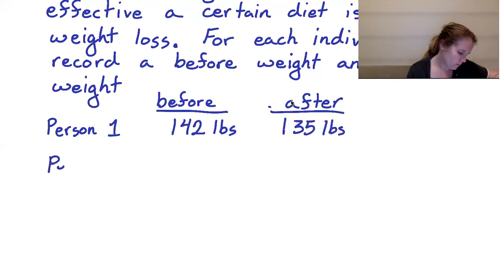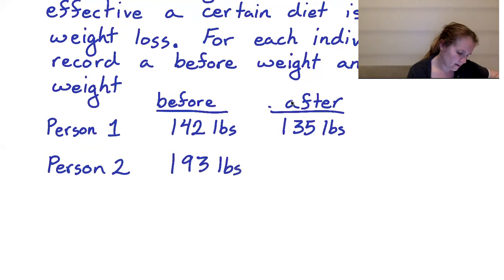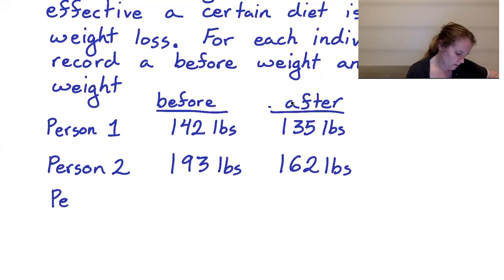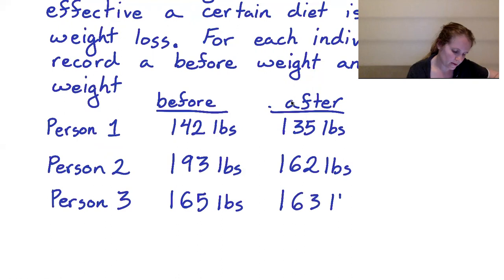And then we might have person two who weighed 193 pounds, and after weighed 162 pounds. And person three maybe weighed 165 pounds, and after weighed 163 pounds, right? And then keep going for all the people.